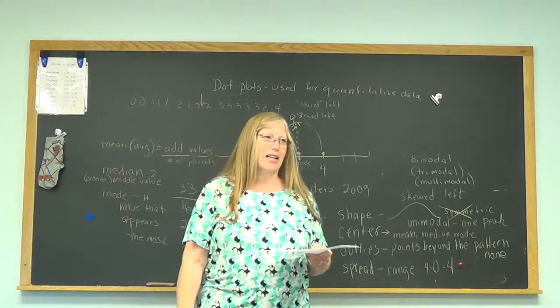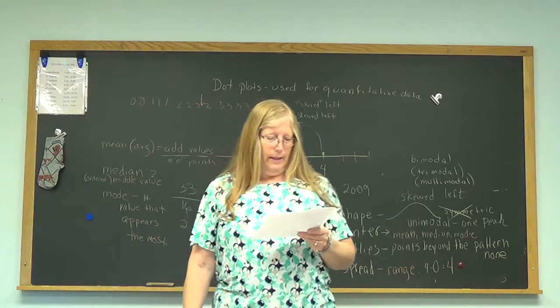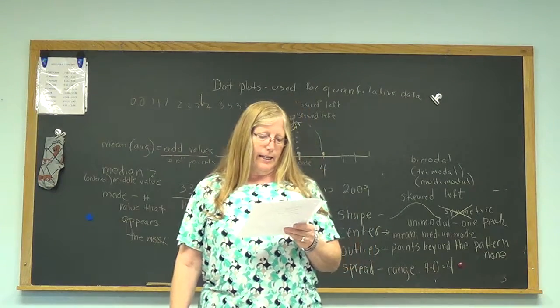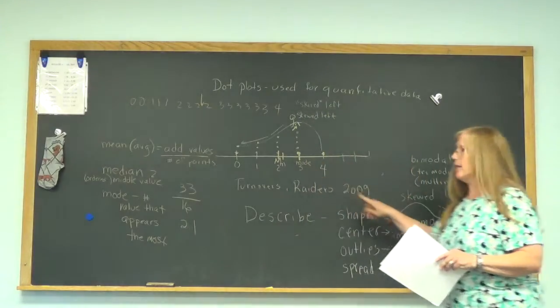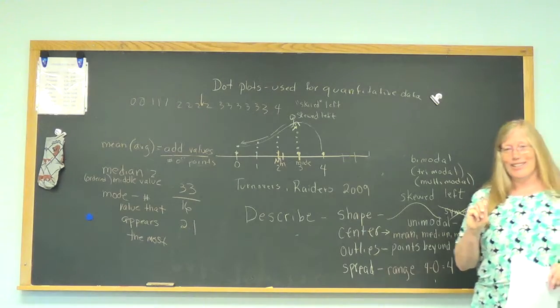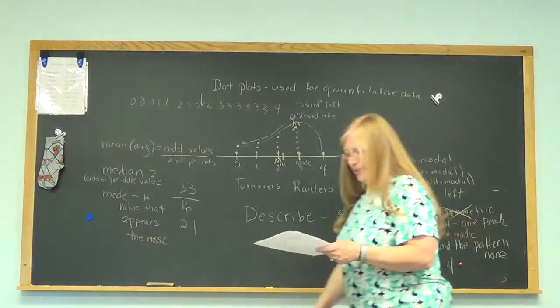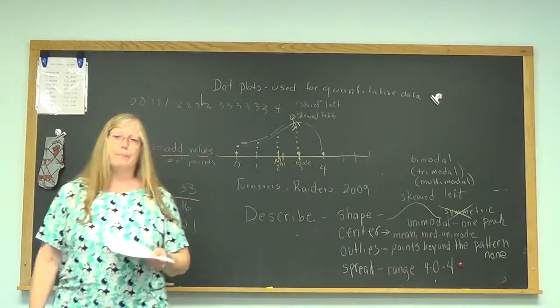Which way does it skew? It doesn't. Does it not skew? Okay, symmetrical. When it's not clearly skewed like that, we're going to go with symmetric, but we're going to say roughly symmetric. So for shape, we're going to say roughly symmetric, unimodal.